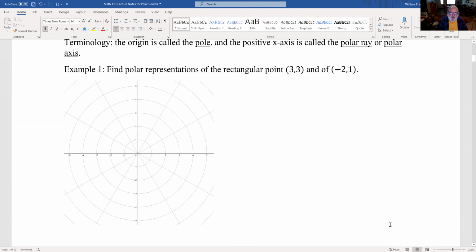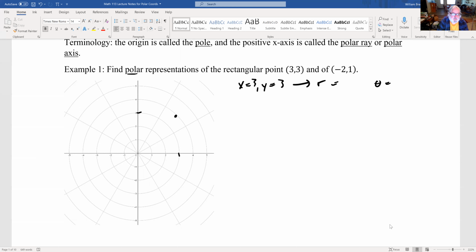So suppose we've got the point 3,3 and the point -2,1. What are our polar representations? For x equals 3, y equals 3, what I need are an r and a theta, where r is the distance from the origin and theta is the angle from the positive x-axis. So here's 3, here's 3.